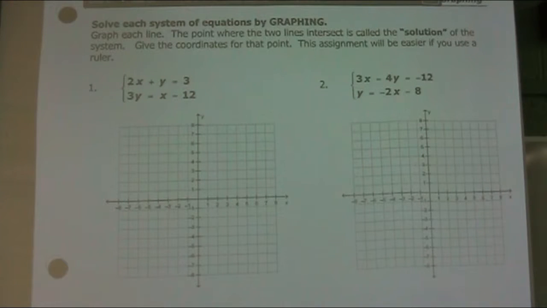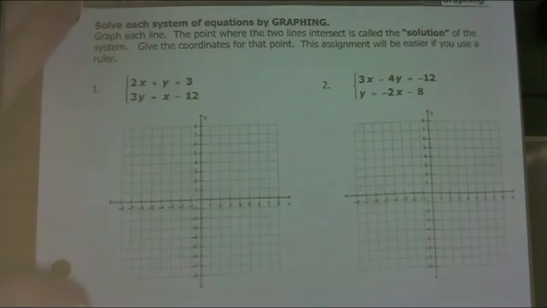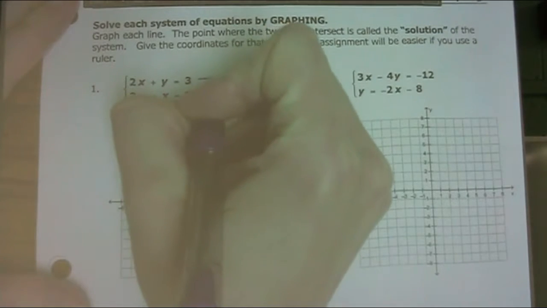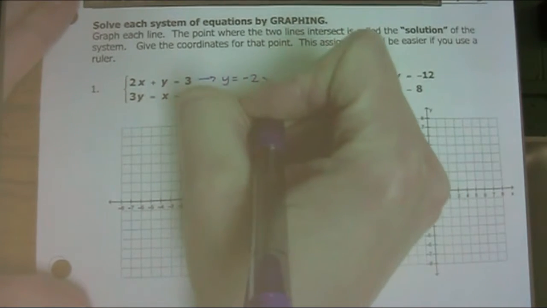You can graph the y-intercept and graph the slope. That's what I'm going to do here today. So on the first one, to get this in the form y equals mx plus b, I'm going to subtract 2x from both sides. So what I have is y equals -2x plus 3.